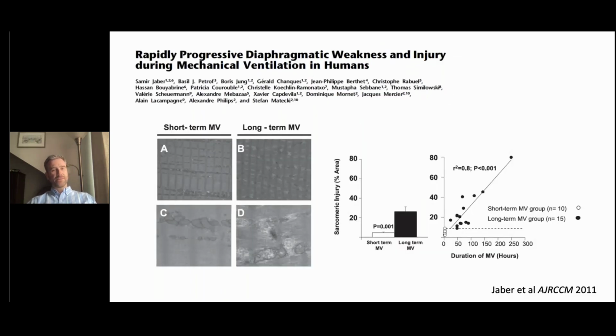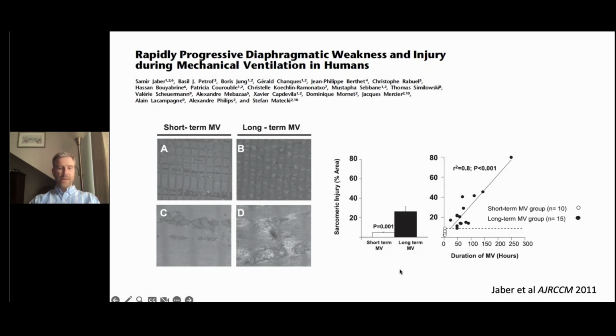And quite strikingly, these features of load-induced injury have been demonstrated in mechanically ventilated patients. If you look closely at this microscopy of diaphragm muscle architecture in a patient who'd been under mechanical ventilation for a relatively short period of time versus a patient who'd been on mechanical ventilation for a longer period of time, you see significant disruption of the architecture, and on electron microscopy, you can see rupture of the sarcolemma and inflammatory infiltration there.